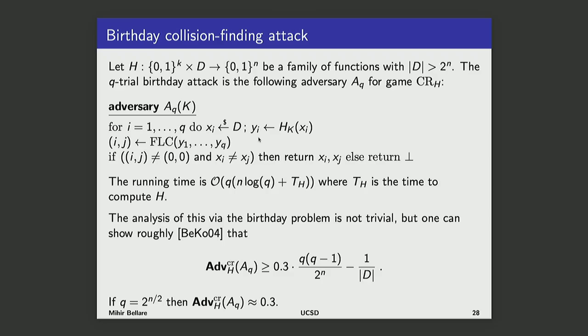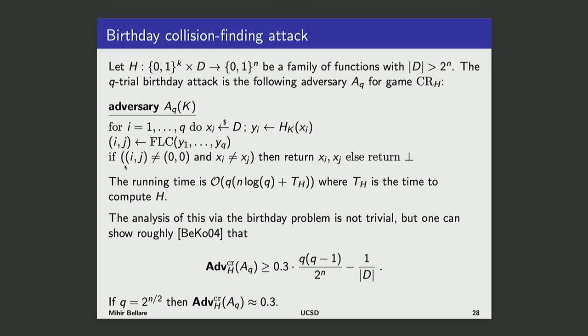And now it just asks itself, did this find a collision somewhere? In the sense that I have this list of outputs of H. If any 2 of them are the same, I have a collision. So let me just check if any 2 of them are the same. Well, this find list collision algorithm does that. It'll return i, j, which is either 0, 0 or a collision.